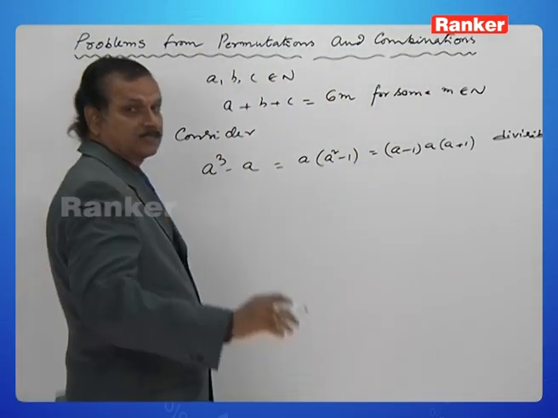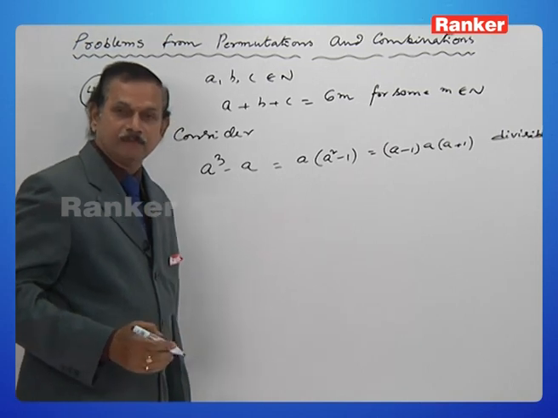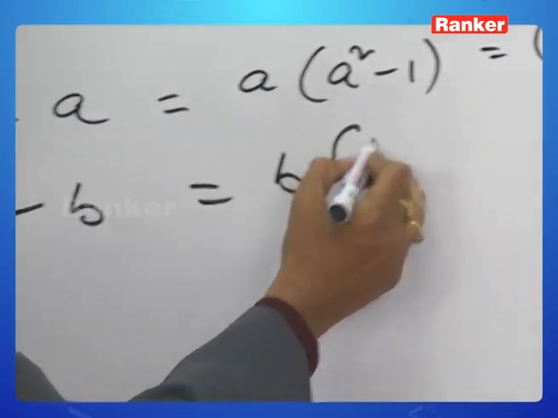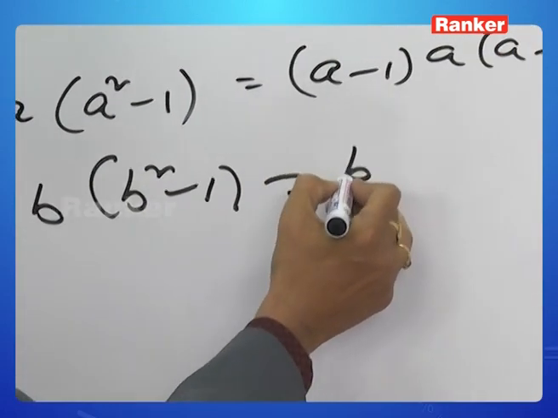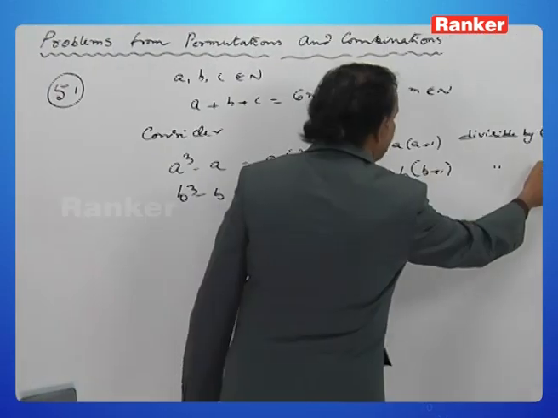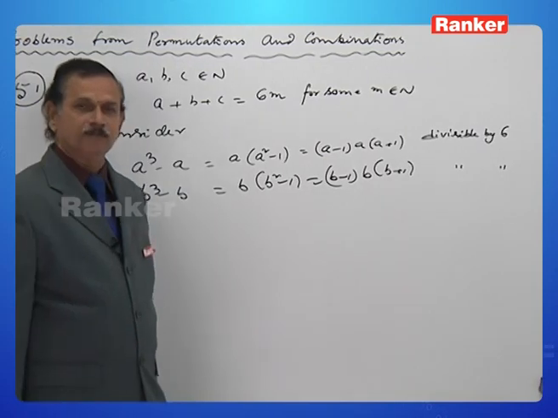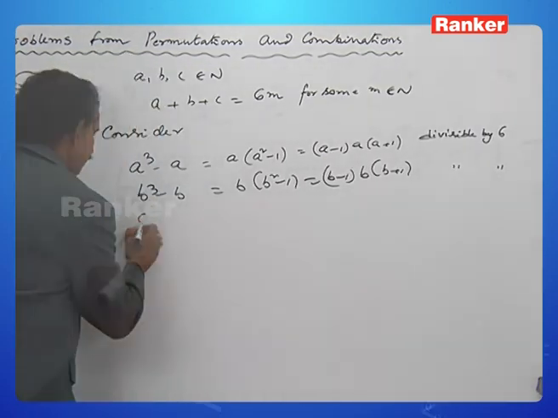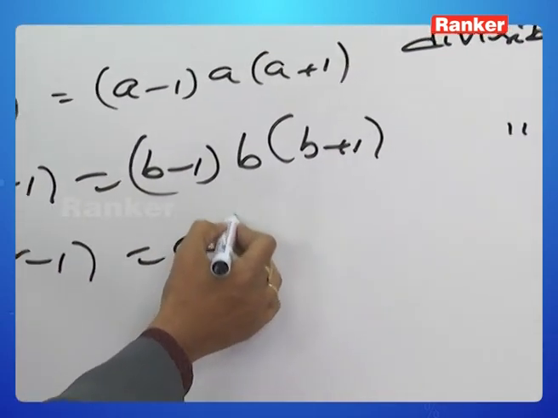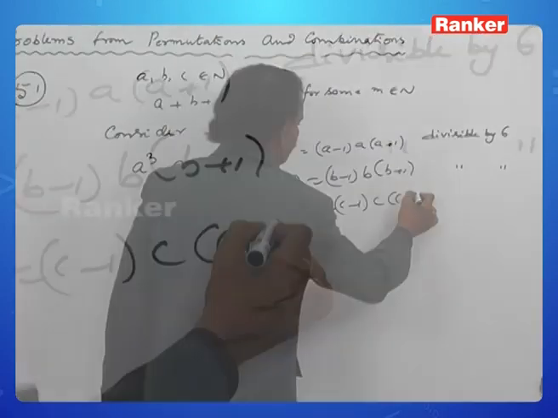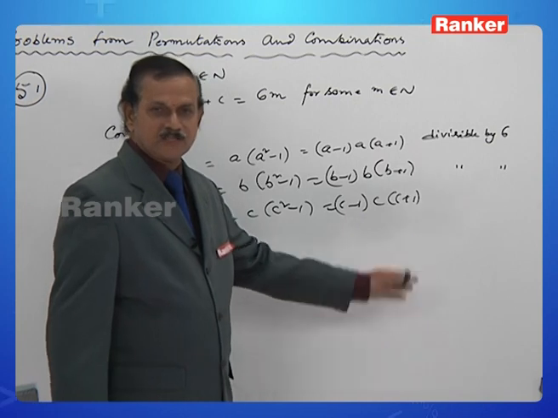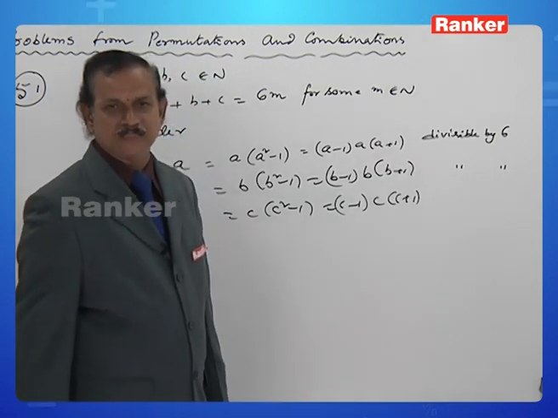Similarly, in a similar fashion, you will be able to have B cube minus B is equal to B into B square minus 1 is equal to B minus 1 into B plus 1, divisible by 6. Same, divisible by 6. Just like that, C cube minus C is C into C square minus 1 is equal to C minus 1 into C plus 1. Just like in the previous cases, this is also a product of 3 consecutive integers.